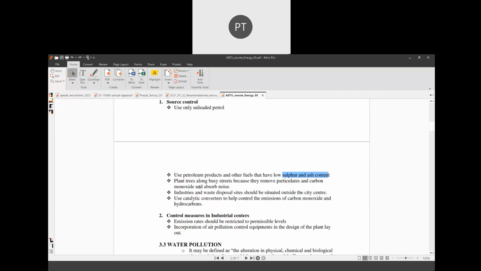Also, by planting trees along busy streets, because they remove particles and carbon monoxide and absorb noise. Another way you can prevent this air pollution is that industrial waste disposal sites should be situated outside the city.